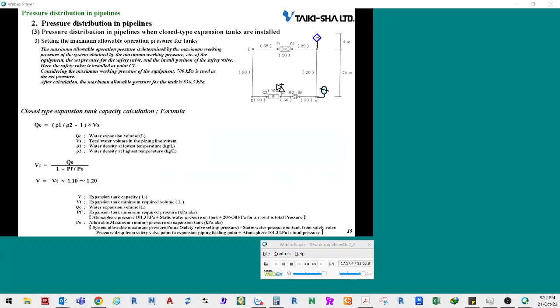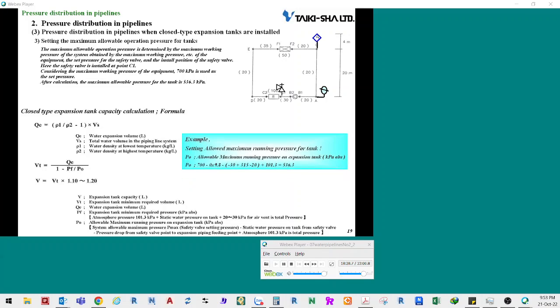Setting the maximum allowable operation pressure for tanks. Now, let's set the maximum allowable operation pressure for tanks. The maximum allowable operation pressure is determined by the maximum working pressure of the system obtained by the maximum working pressure, etc. of the equipment, the set pressure for the safety valve, and the install position of the safety valve.